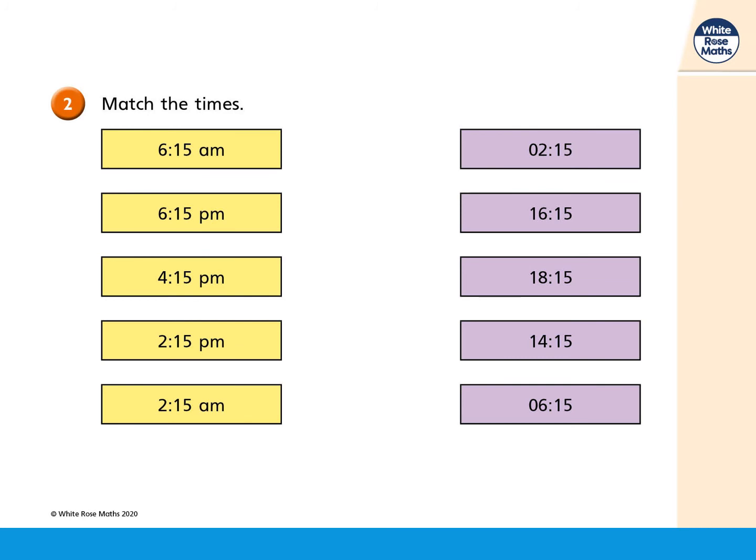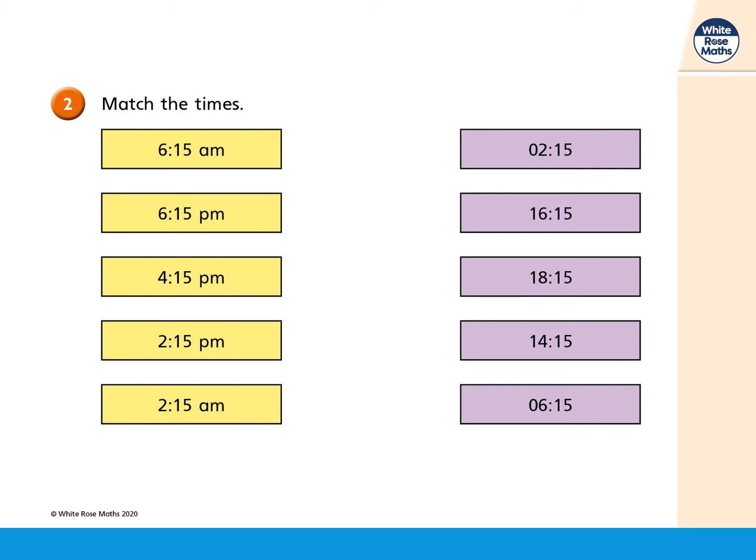Match the times. Down here on this side, I have got times in AM and PM in the 12-hour clock, and here I've got times in the 24-hour clock. I know that times before 12, the hour stays the same.